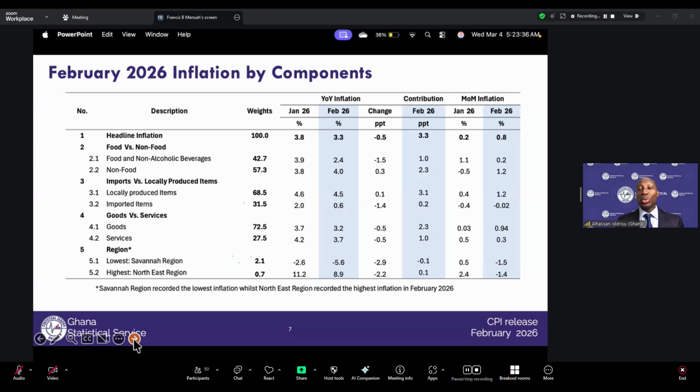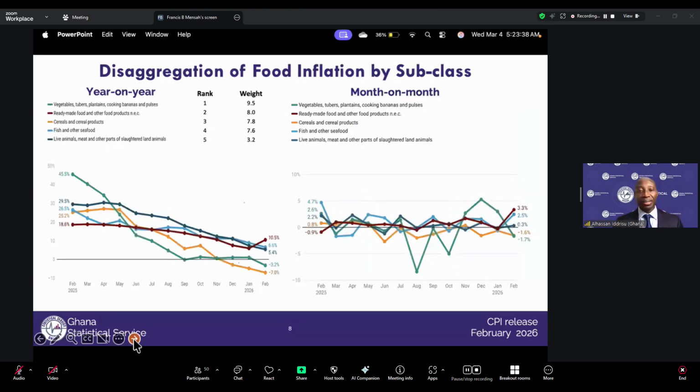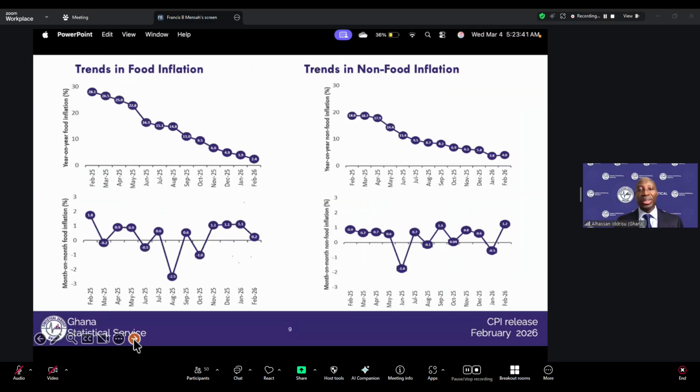Note that even though Northeast region recorded the highest inflation, its contribution to overall February 2026 inflation of 3.3% is only 3%. So in other words, it's not enough for an item or a region or a division or a subclass to register high inflation for it to be the most contributor to inflation.